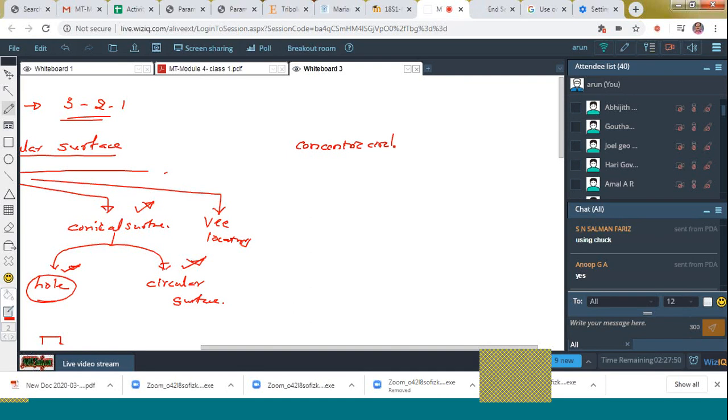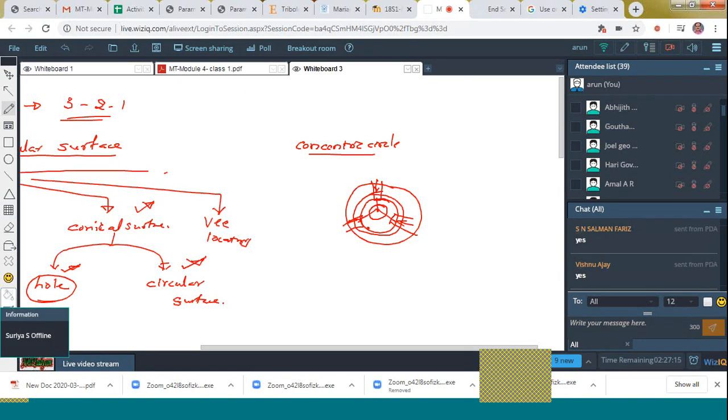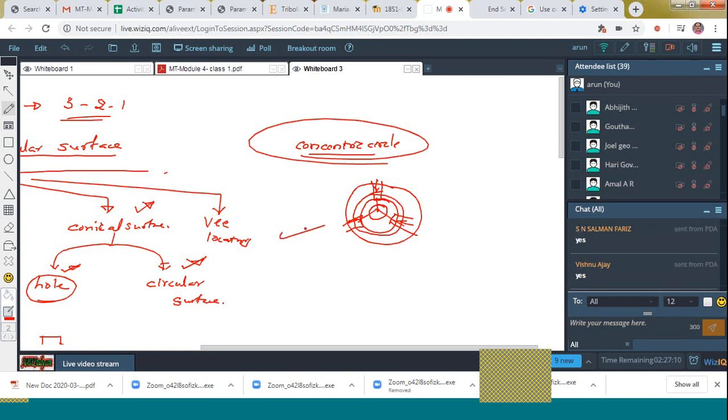It consists of jaws like this, and the workpiece is kept here. All the jaws move in such a way that they pass through concentric circles, that is, the radius from here to here will be the same. That is what we call the concentric circle method. So circular surfaces can be located by means of the concentric circle method. Is it clear to all?